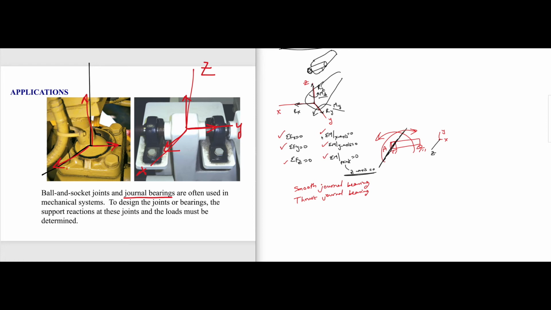How do we know that? If I say thrust bearing, that means there is no free translation. That means you have a reaction force along the axis of rotation whenever I say thrust. But when I say smooth journal bearing, it allows things to translate.